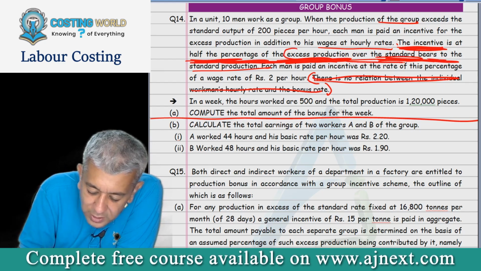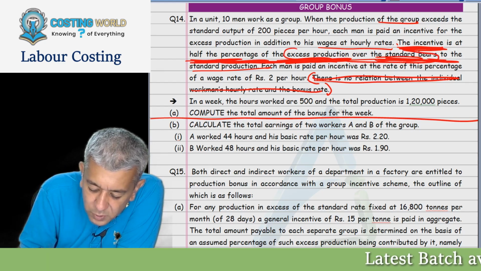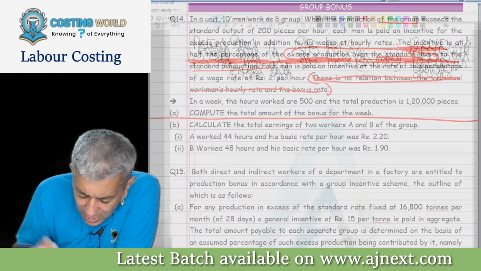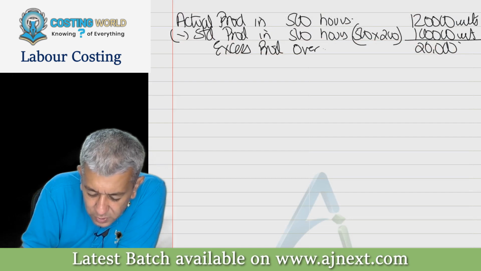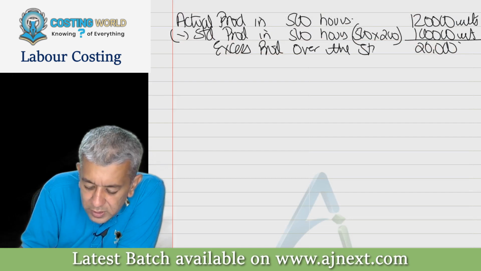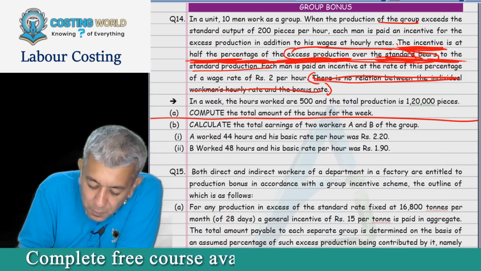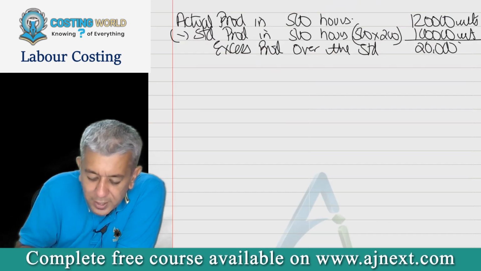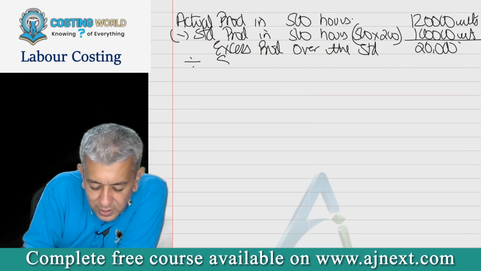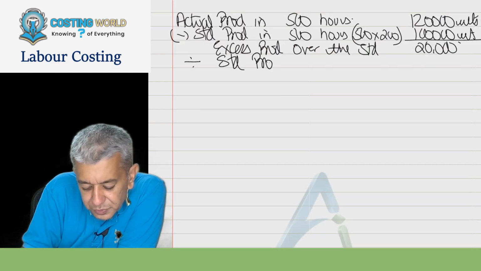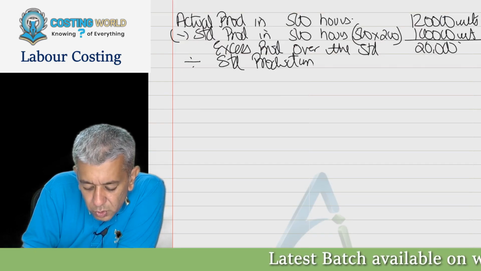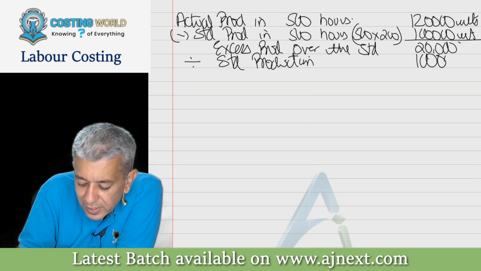So the incentive is at half the percentage of excess production over the standard. I'll write down exactly the same words: excess production over the standard bears to the standard production. Bears means divided here. So therefore divided by standard production, which is 1 lakh.